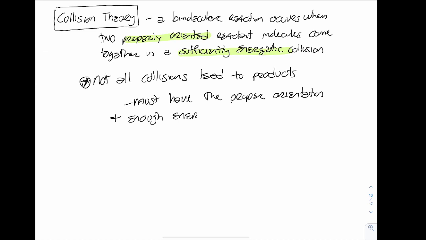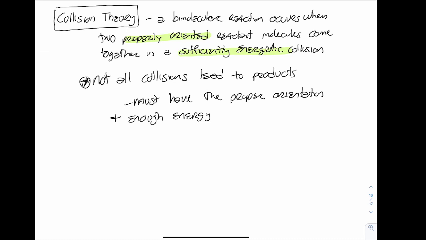It's an "and." So even if they're colliding in a sufficiently energetic collision, but they're not oriented properly, I'm not going to get the right product. And even if they're oriented properly, but they're not colliding with enough energy, I'm not going to get the correct product. So they have to have the correct orientation and they have to be colliding with enough energy. When that happens, we can then form our products.